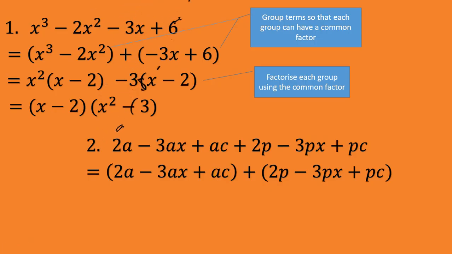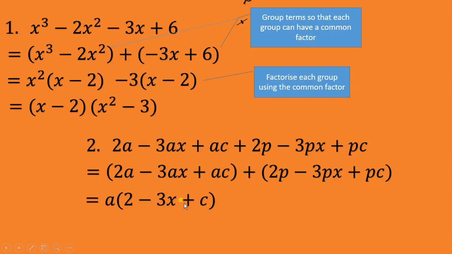From this group that we've grouped here, a can become common. If we take out a and divide it back into each term, a into 2a gives me 2, a into 3ax will give me 3x, and a divided into ac will give me c. On this side here we're looking at p, but which p? We must be careful when selecting our common factor here. If we select a negative, then it will influence the signs when we're looking for another common factor.